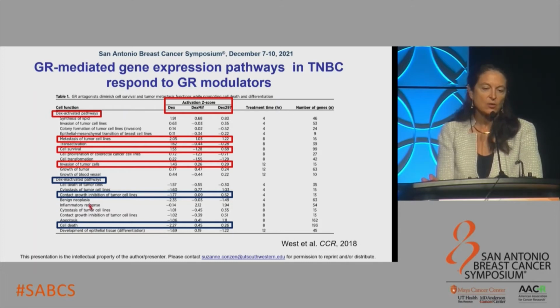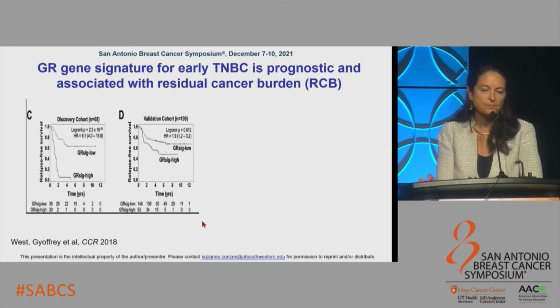In addition, there are pathways that are suppressed, like contact growth inhibition and cell death, which are suppressed with DEX alone, but can be antagonized in their suppression with the addition of an antagonist.